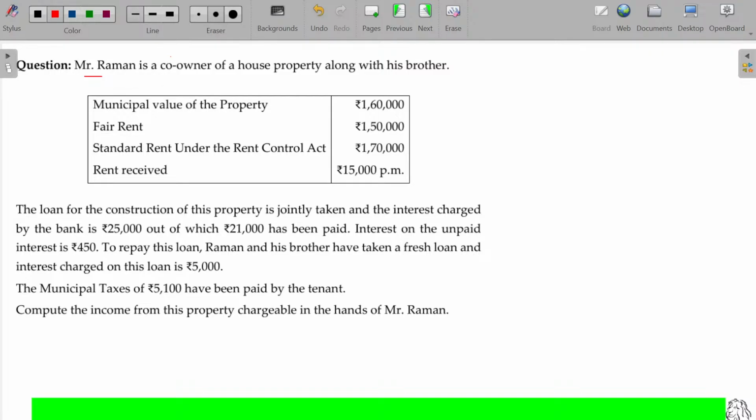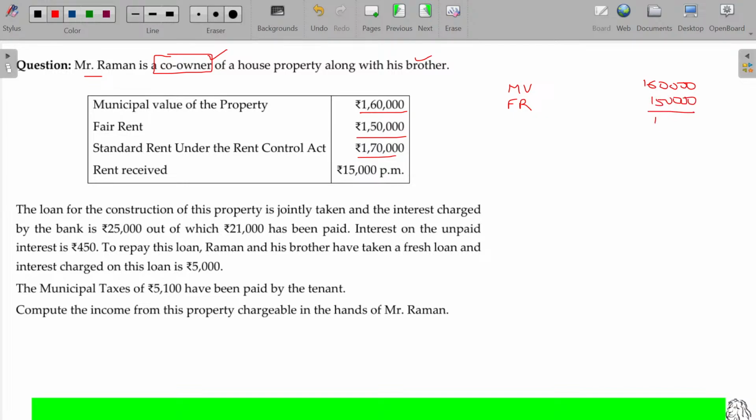Mr. Raman is a co-owner of a house property along with his brother. Municipal value of the property 160, fair rent and standard rent also given, rent received is there. So it is owned by Raman and his brother. So municipal value 1,60,000, fair rent 1,50,000.